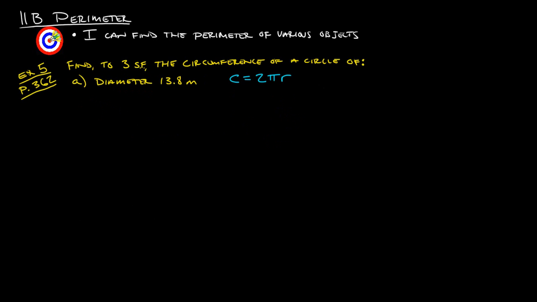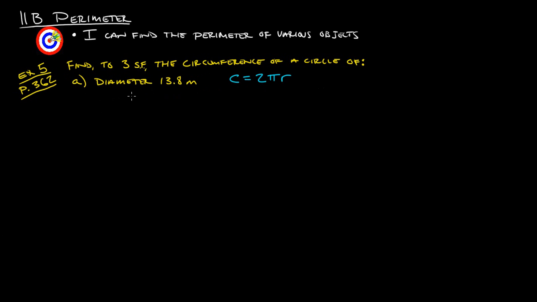So let's take a look at another example. This is example 5 from page 362. Find, to 3 significant figures, the circumference of a circle that has a diameter of 13.8 meters. Circumference is 2 times pi times r, so we need to figure out the radius.